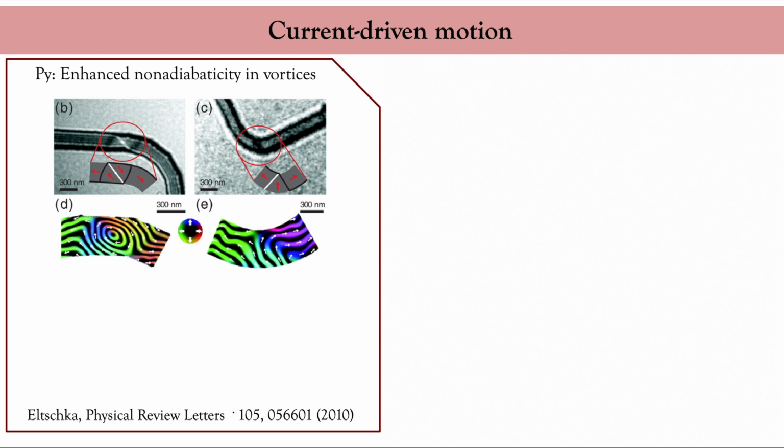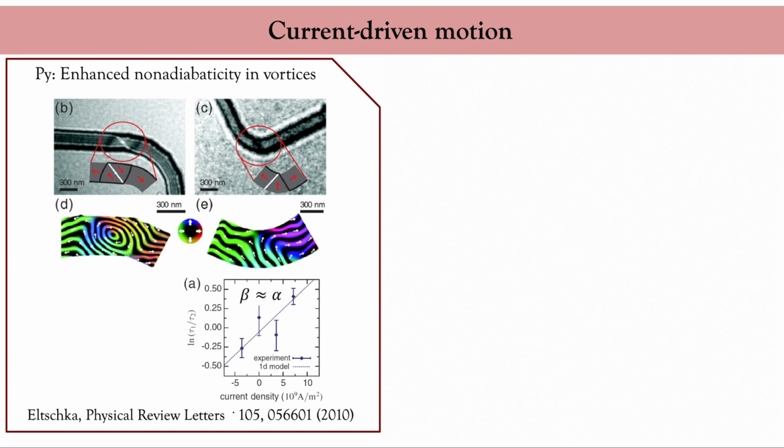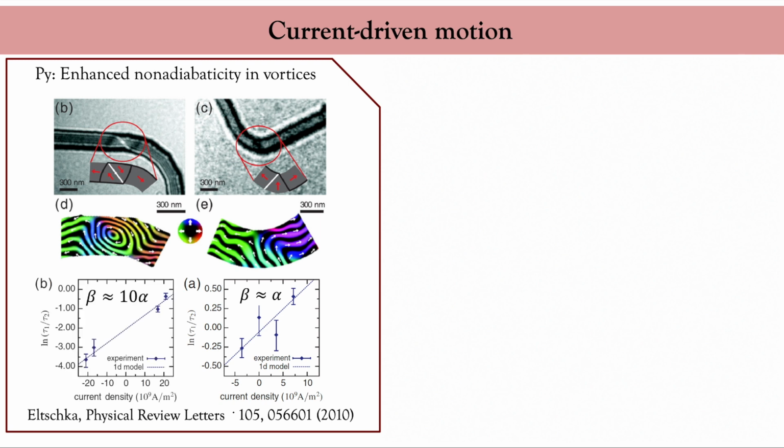And quite surprisingly, it has been realized that this parameter does not really depend on the material itself, but rather on the magnetic texture. For instance, in this work by Mathias Kläui's group, it was reported that in transverse walls, the non-adiabaticity is as large as the magnetic damping. But in magnetic vortices of the very same material, the experiment shows that the non-adiabaticity is about 10 times larger. So that's the first puzzle.